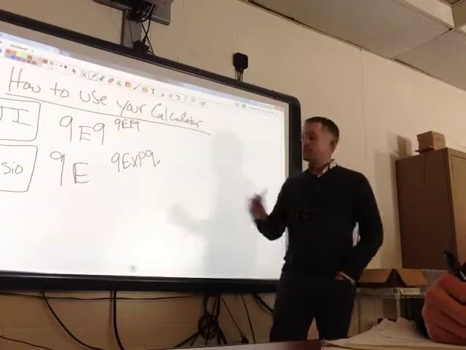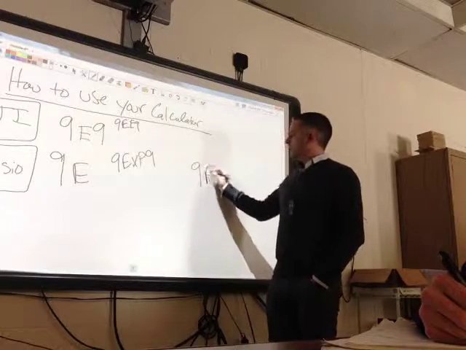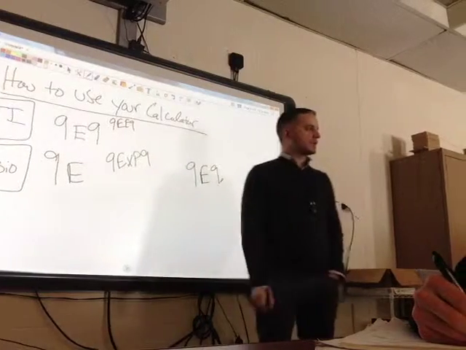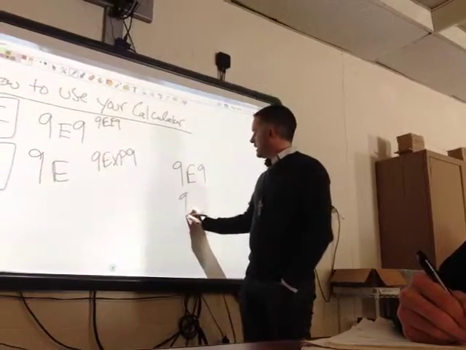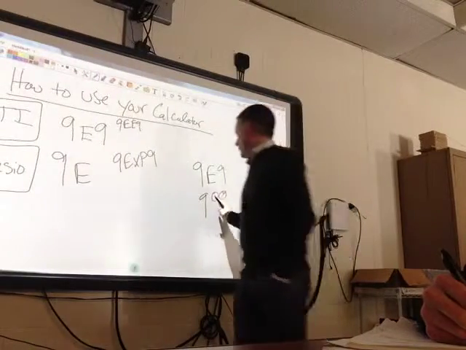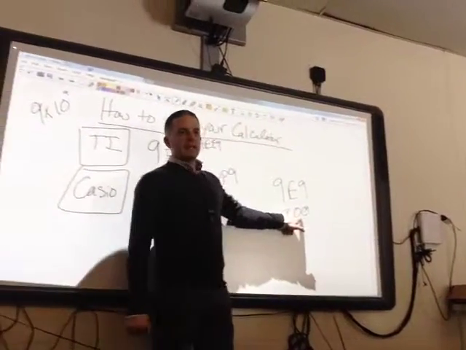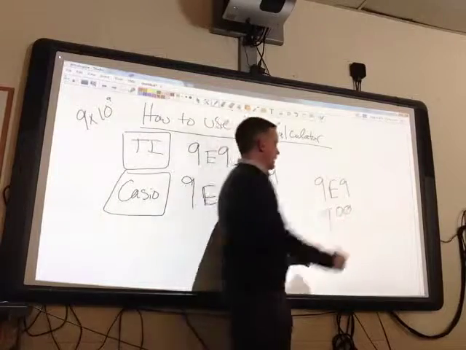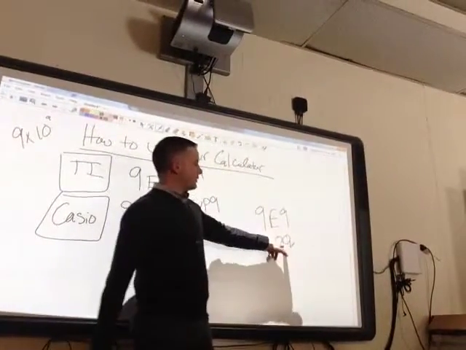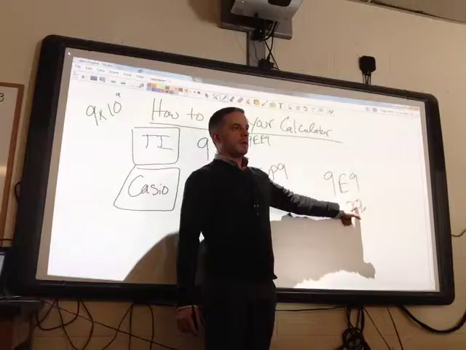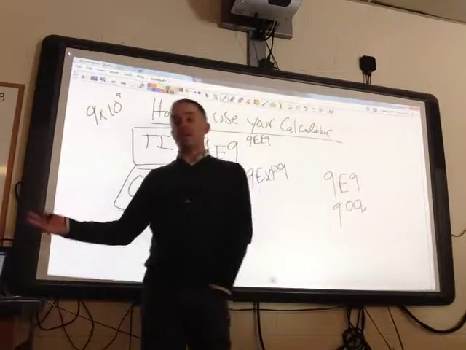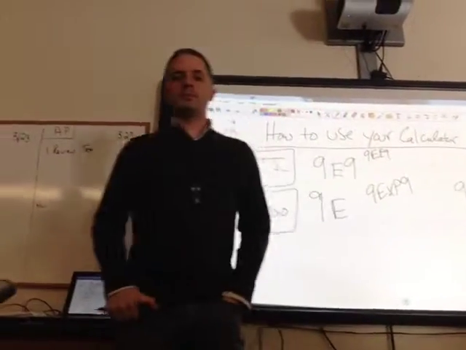What it'll look like on your calculator is it's either going to read 9E9, or if you have a slightly older version of it, it's going to write 9 with a small 9 up there. And if you hit enter, it's going to pop up as 9 billion. Okay? Make sense?